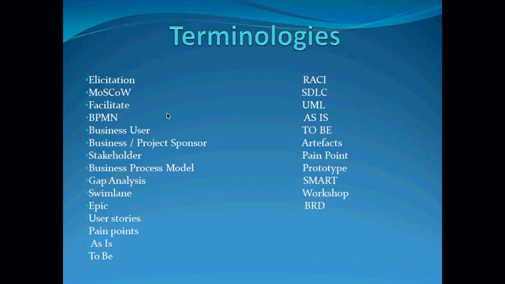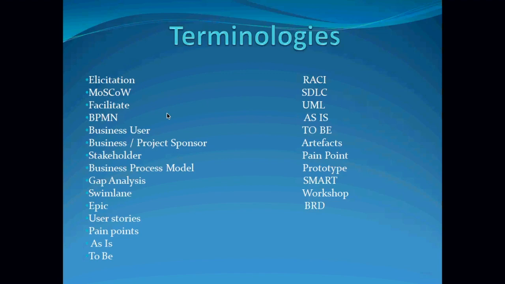So the epic is usually a feature of what you are trying to deliver. For example, if you want to develop a website, you may have maybe 100 requirements. Those 100 requirements may be grouped into maybe 20 epics. Which means I may categorize and say, maybe the landing page.